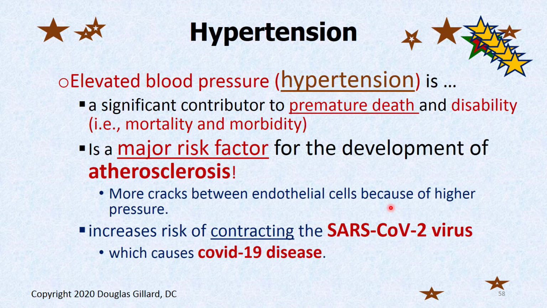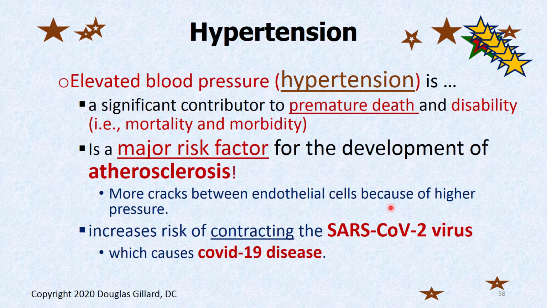And hypertension will occur, there's many reasons for it, but if the arterioles vasoconstrict to control the pressure, that raises blood pressure even more. Elevated blood pressure is called hypertension. I hope you better know what that means. It's definitely a contributor to premature death and disability and stroke and heart dysfunction.